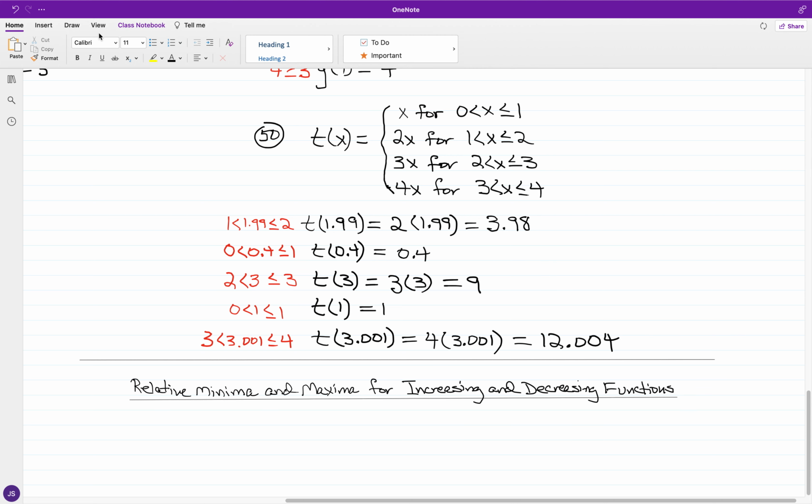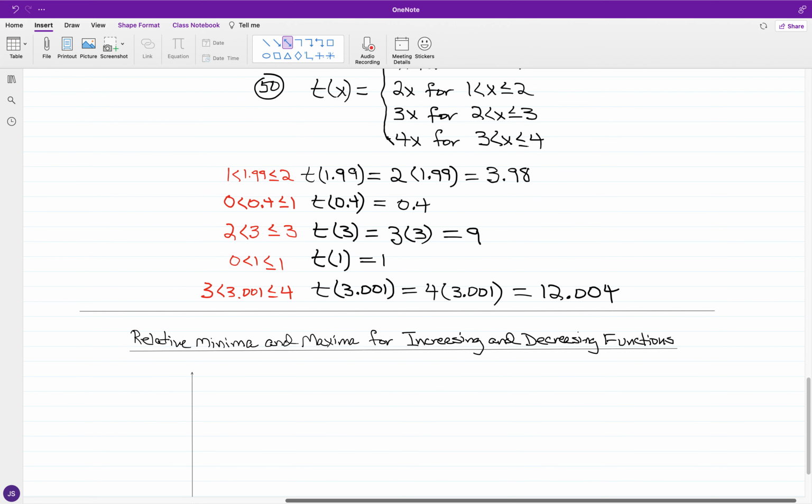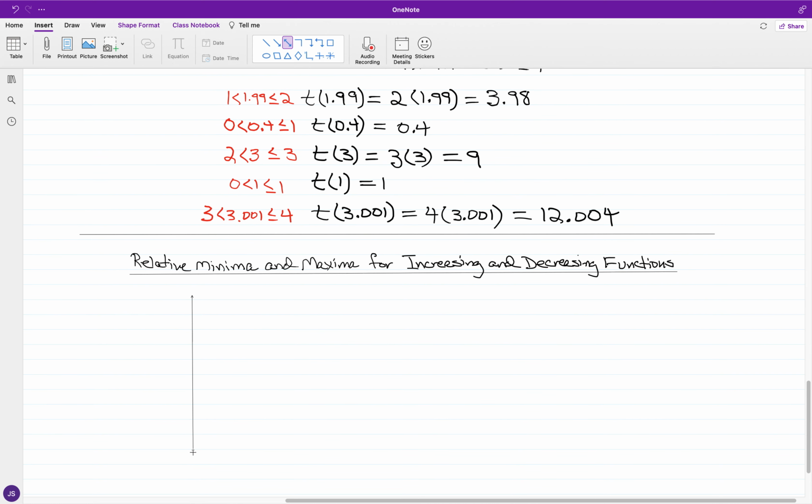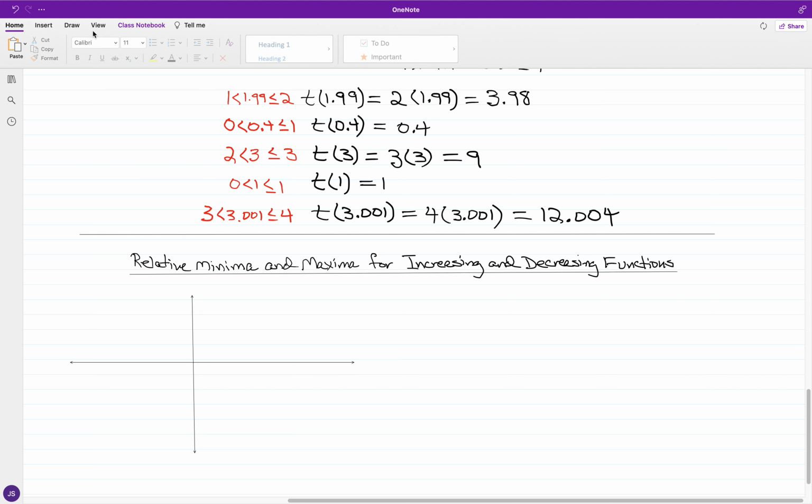And to give you an idea about all these items, we'll start out with the graph. Not drawn according to scale, but just to show what we mean by minimum, maximum, and also where the function increases as well as decreases.